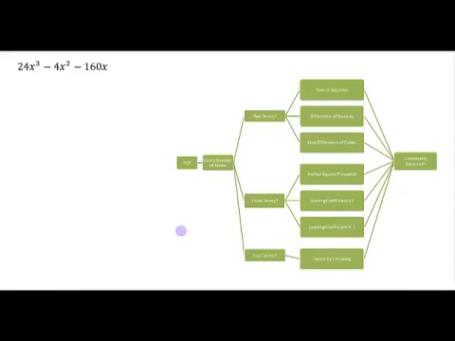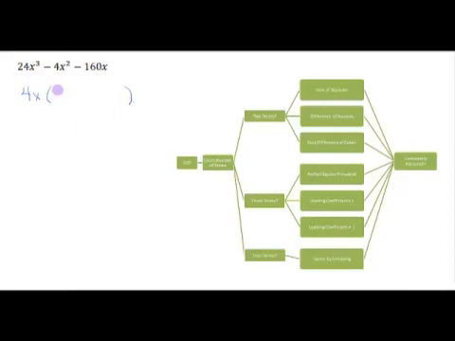24x cubed minus 4x squared minus 160x. First, let's check for a greatest common factor. We do have a greatest common factor of 4 for our numbers and x for our variables. So we're going to take out that GCF of 4x.